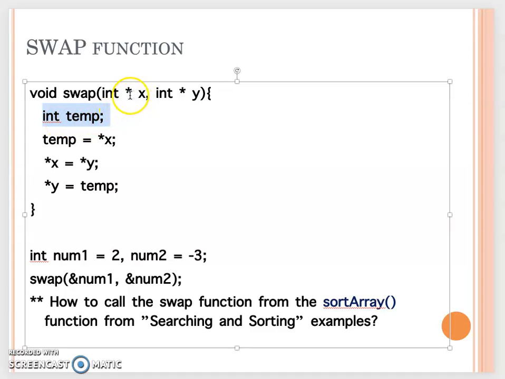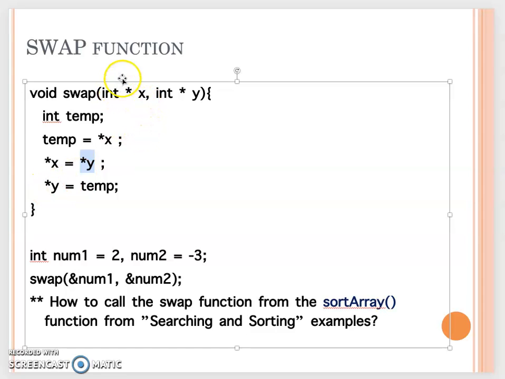Then we get the value from x. Because you're passing by pointer, if I want to get the value I need the dereference. This dereference gets the value we're passing. So we assign the value to temp, then the y value is assigned to x, then the temp value is assigned back to y.